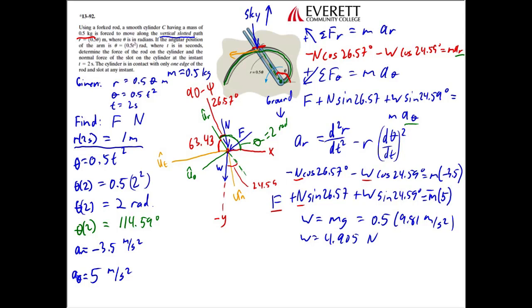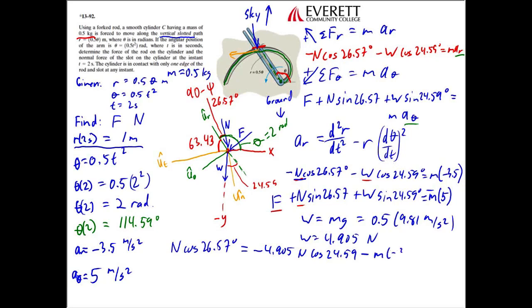I can go ahead and solve for n, and I'm going to put n on the other side to get rid of my negative sign, so I get n times the cosine of 26.57 degrees is equal to negative w, which is 4.905 newtons, times the cosine of 24.59, and then I'm going to subtract mass times the acceleration in the radial direction.